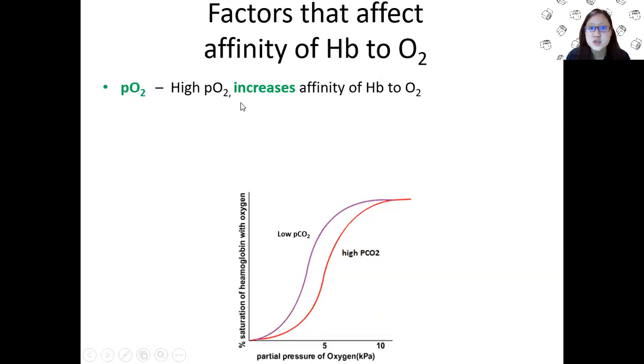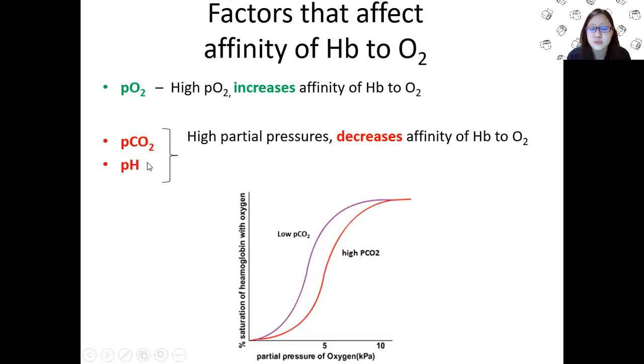Yeah, more oxygen, more binding. But there are two things here, pH and PCO2, partial pressure of CO2, that have the opposite effect. At higher partial pressures of CO2 and lower pH, it decreases the affinity of Hb to O2. This results in what we call the Bohr effect.